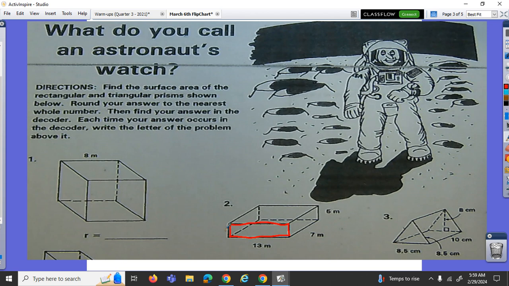is a 13 by 5. Same thing for the back of the box. So I'm just going to use this blank space up here. So we've got a 13 by 5, which is 65, and then another one of those.